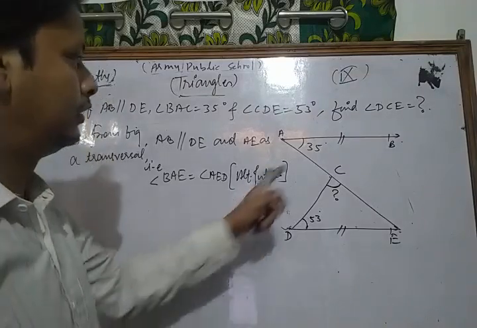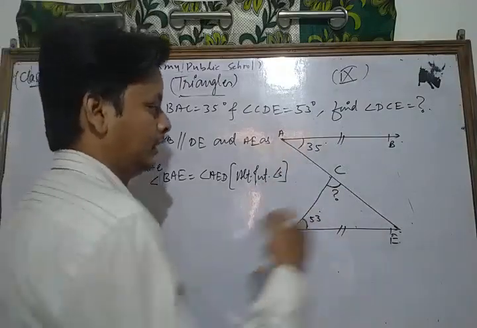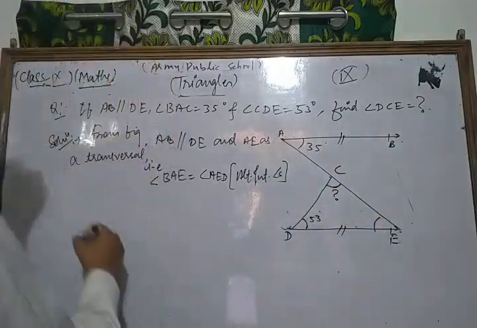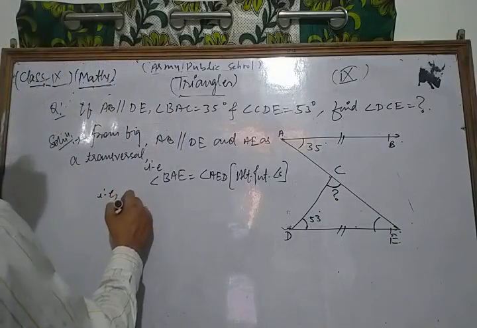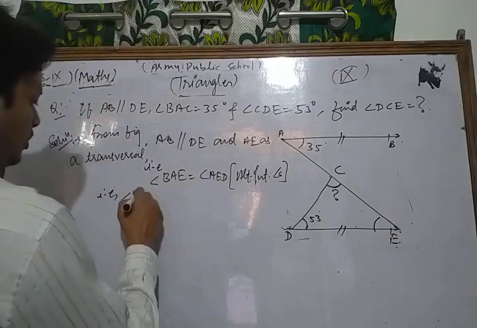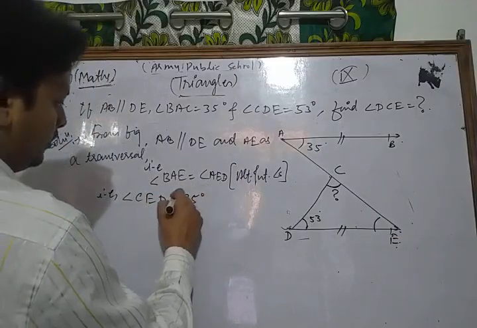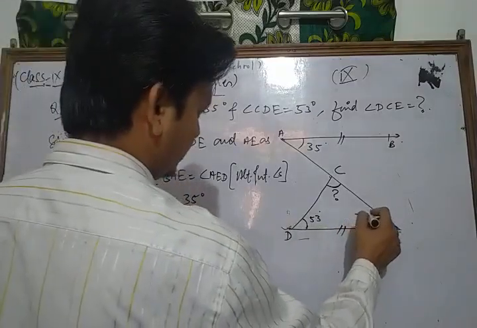So angle BAE is the same as angle AED, or CED. Angle CED is equal to BAE, which is 35 degrees.